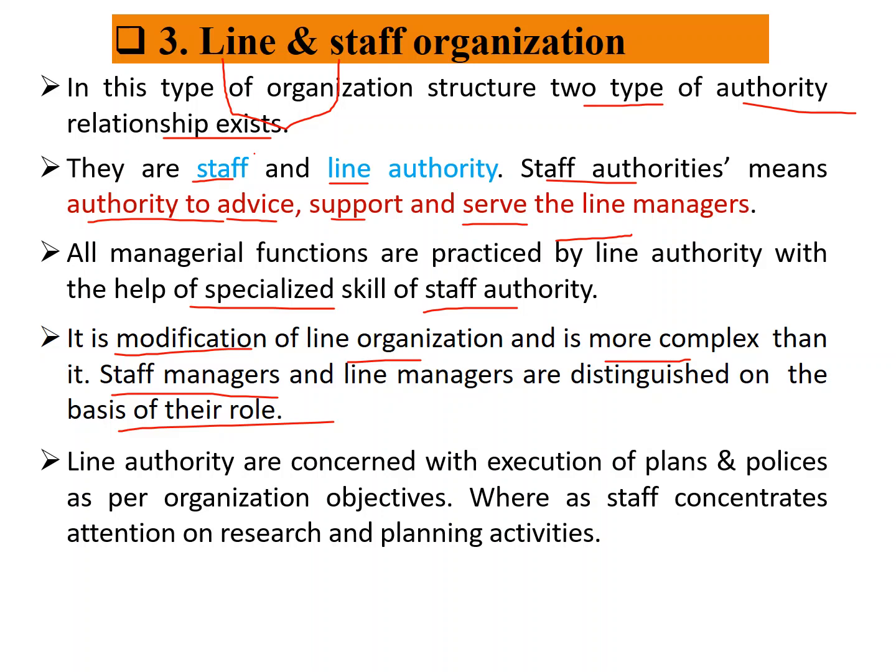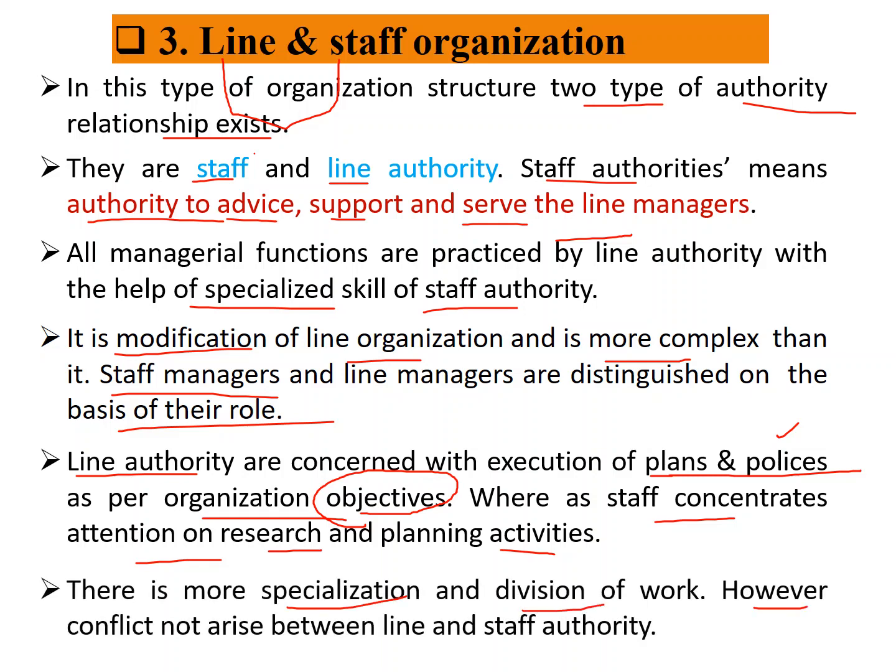The line authority is concerned with the execution of plans and policies, according to the objectives of the organization, whereas the staff concentrates attention on research or planning activities. So this is a structure with more specialization and division of work.